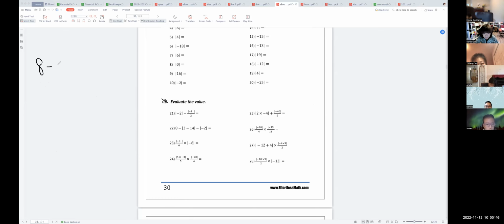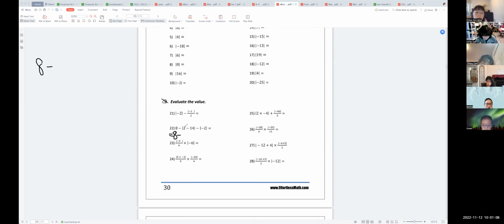Okay, so number 22. So 8 minus, I just copied it down. So 2 minus 14 equals what? 2 minus 14 equals negative 12. -12 absolute value equals what? I guess it's 12.